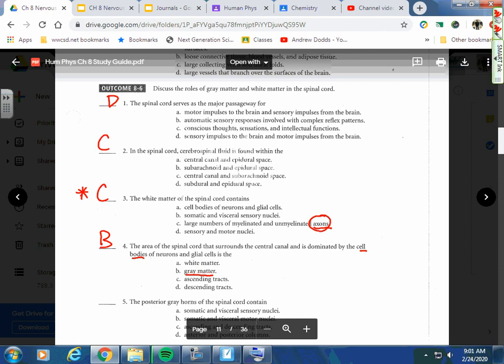Okay, and number 5 is going to be A. The posterior gray horns of the spinal cord contain somatic and visceral sensory. Okay, so posterior means the back part, right? So that means the messages coming into the spinal cord are coming into the back portion of the spinal cord.